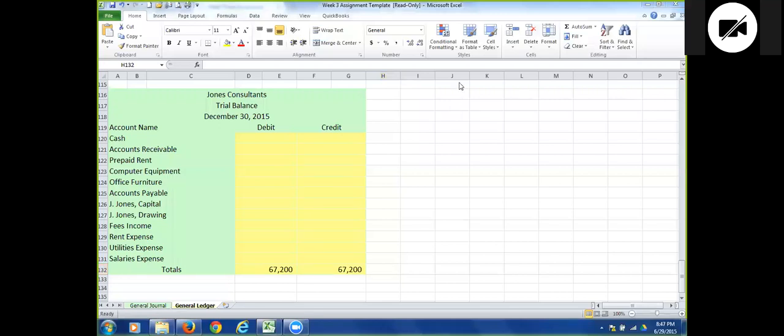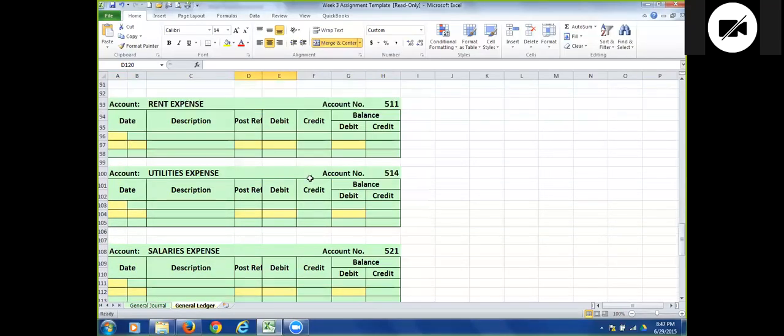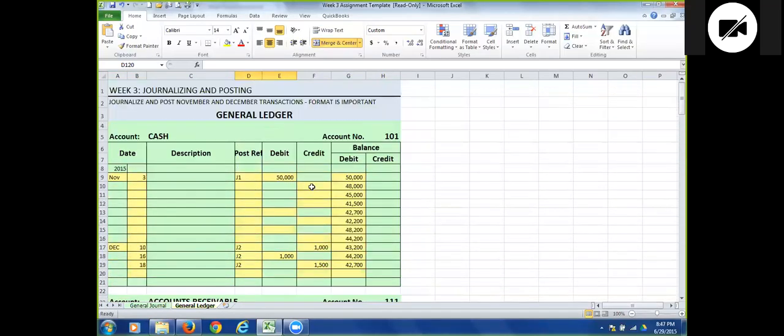Well, all your trial balance is, it's just listing your account balances. So after you post everything, you're going to have an ending balance.